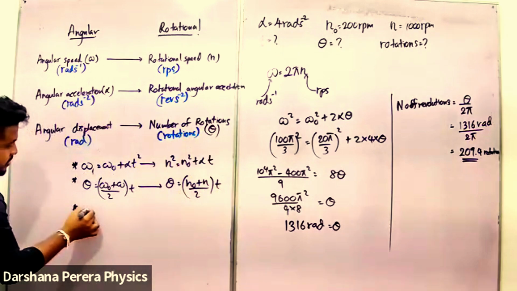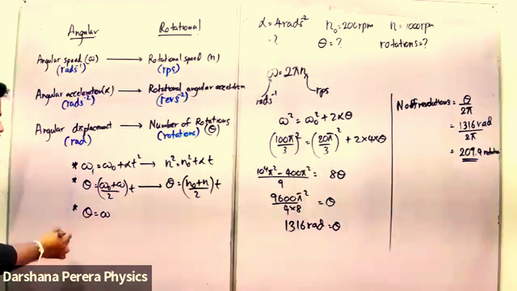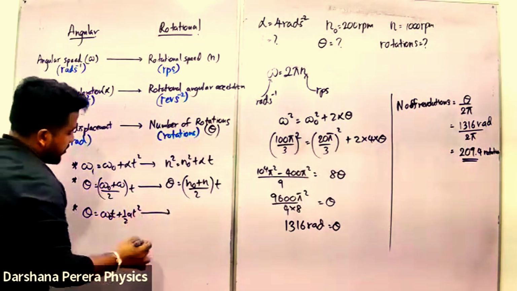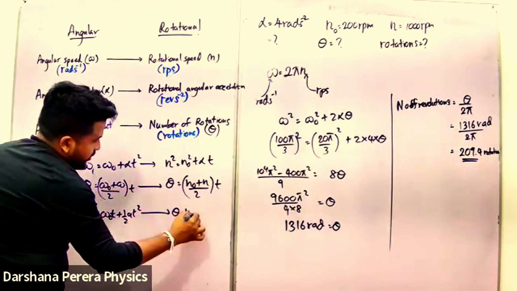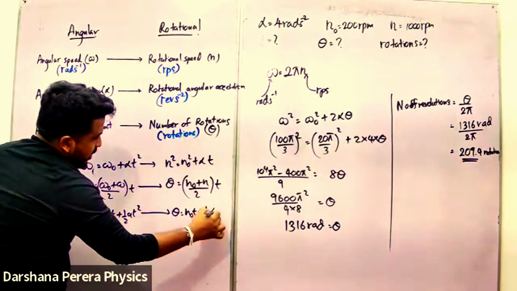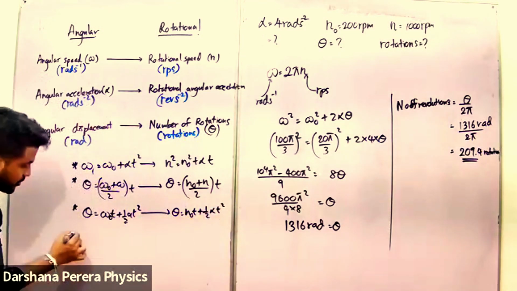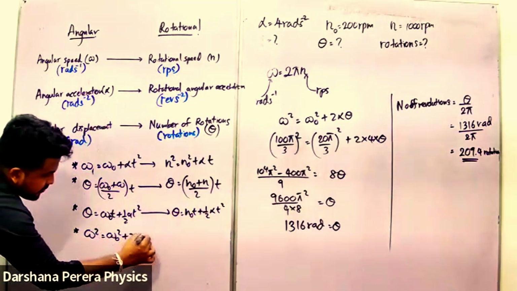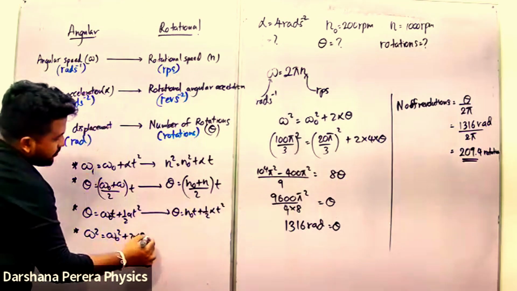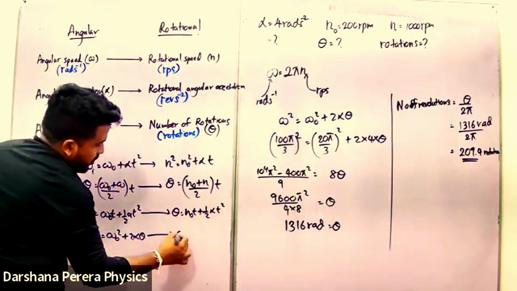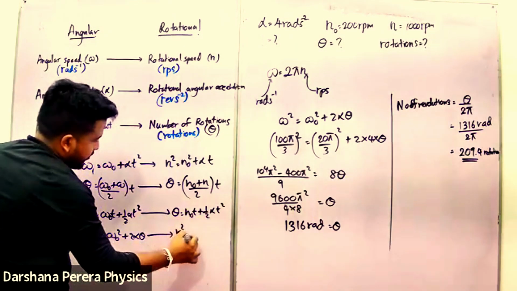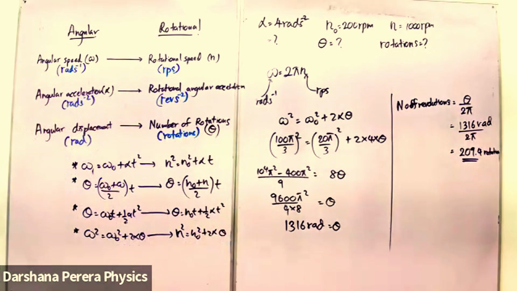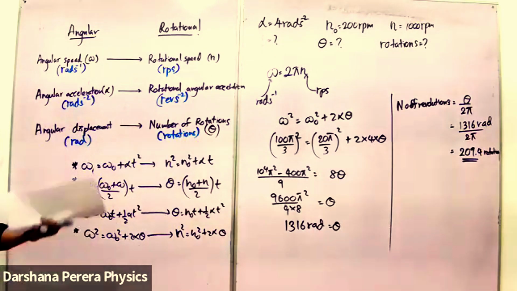Theta equals omega naught t plus half alpha t square; modified, theta equals n naught t plus half alpha t square. Then omega square equals omega naught square plus 2 alpha theta; modified, n square equals n naught square plus 2 alpha theta. We can use these equations.